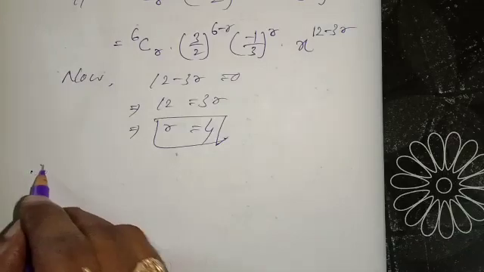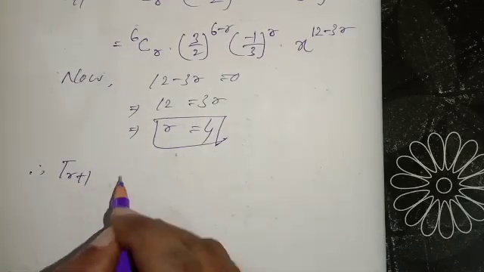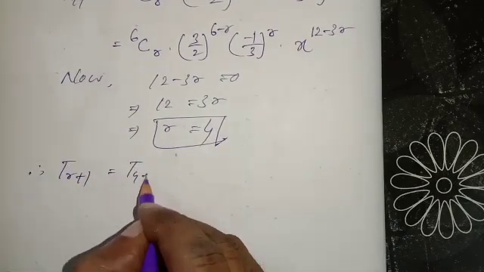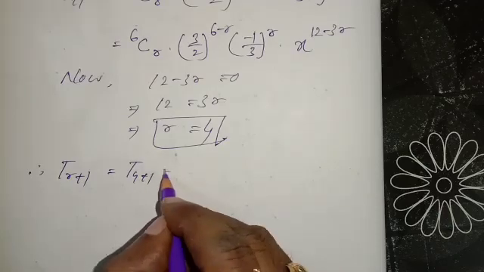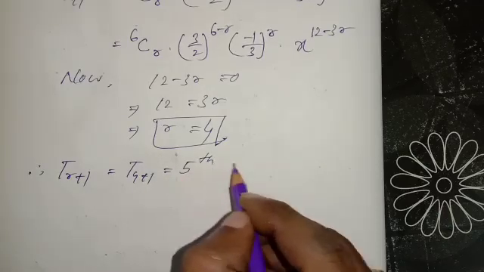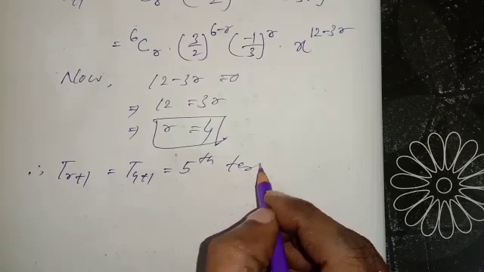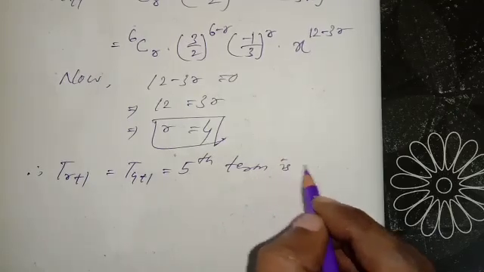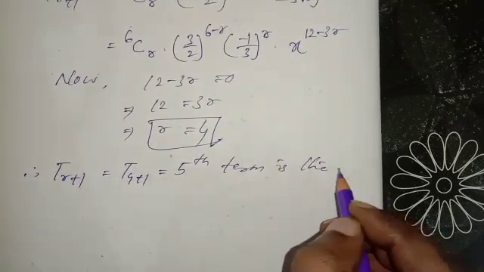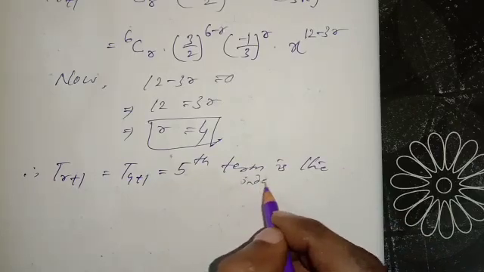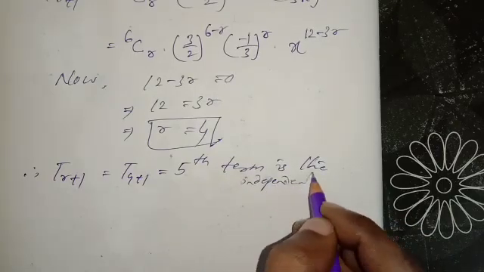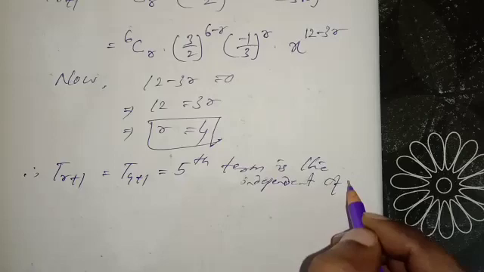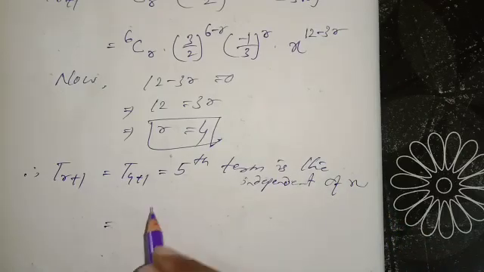As per the formula, T(r+1) is independent, so 4 plus 1, that means the fifth term is independent of x. Therefore, how will we find this fifth term?